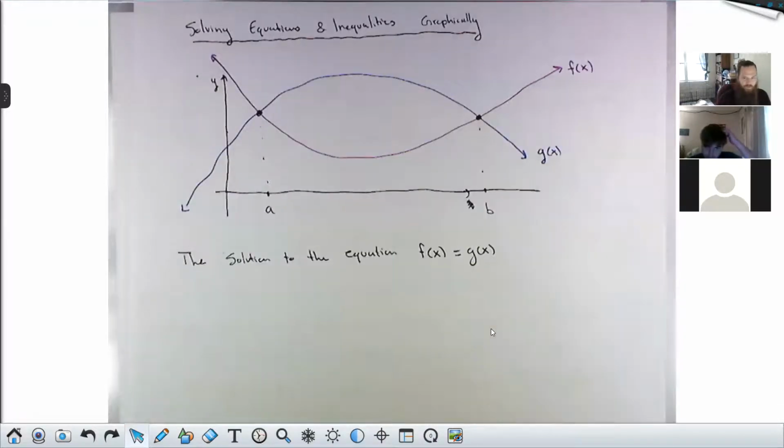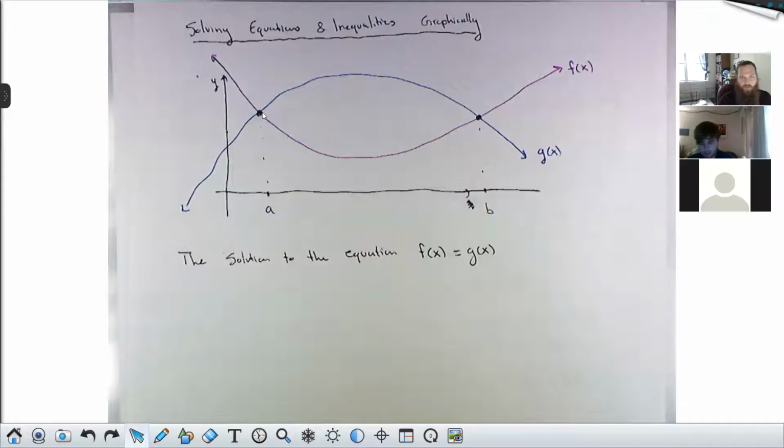Well, equations of this form, like x squared equals 5 minus x, those are x values, right? You get some numbers out like x equals 1, x equals 3. Graphically, the solutions to those equations are the x values where the graphs touch. I'm asking for what x is f of x equal to g of x. In other words, where along my input space do I have outputs that are the same height?